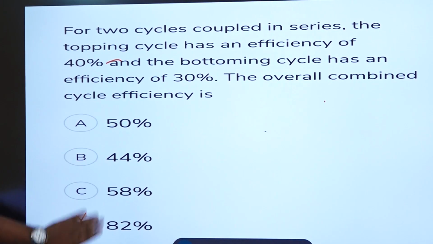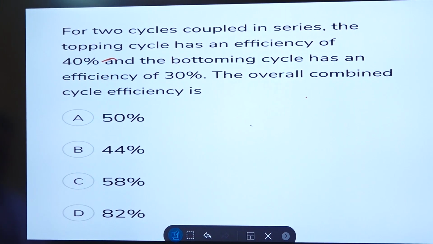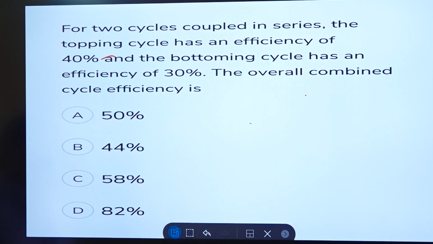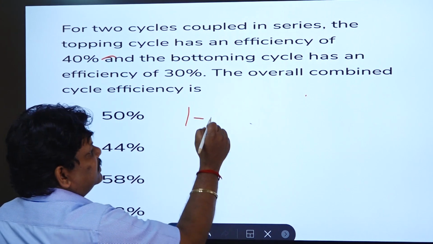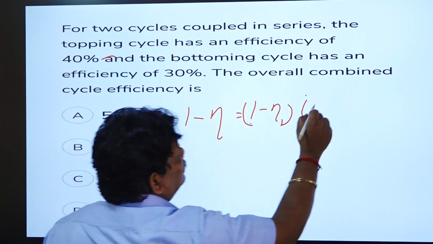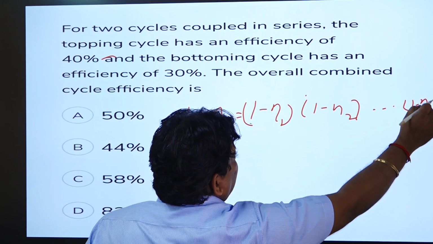For two cycles coupled in series, the topping cycle has an efficiency of 40% and the bottoming cycle has an efficiency of 30%. What is the overall combined cycle efficiency? We have just seen an equation: 1 minus eta is equal to 1 minus eta 1 into 1 minus eta 2, and it goes up to 1 minus eta n.